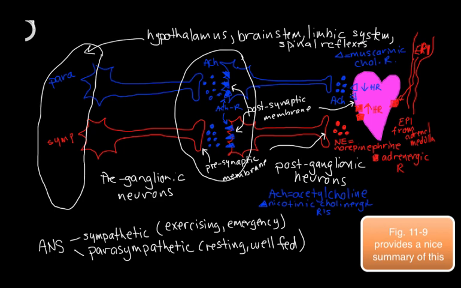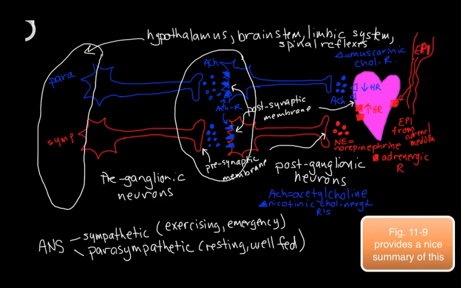So you could get a question that would say, what kind of receptors does the postsynaptic membrane of the postganglionic neuron have in the sympathetic branch of the autonomic nervous system? So the postganglionic neuron is this one because it's the second one in the pathway, and the postsynaptic membrane would be this membrane right here.